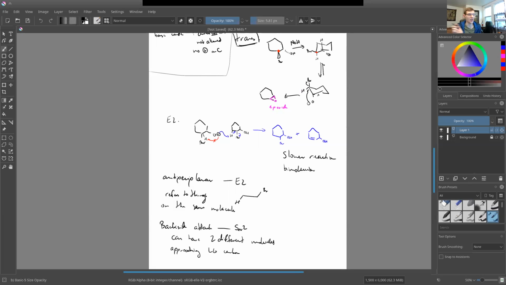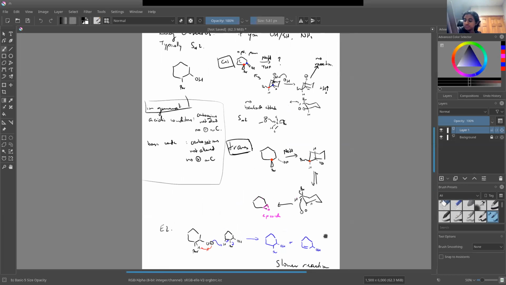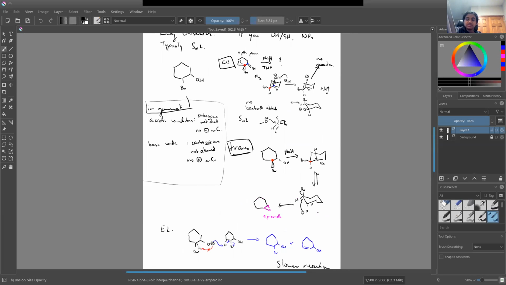We're doing a backside attack because the oxygen is approaching where that bromine is. So in the cis form, it's just not approaching because they're not opposite? Yeah. So the oxygen can't come in from behind the bromine, which is why we can't do SN2. Oh, okay, I see.